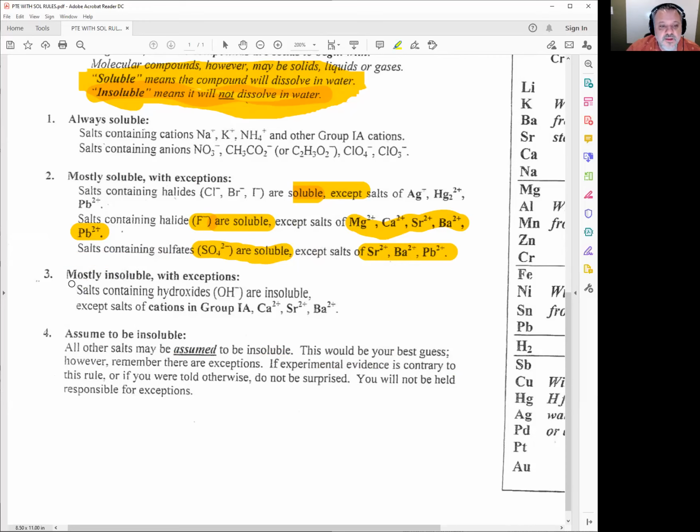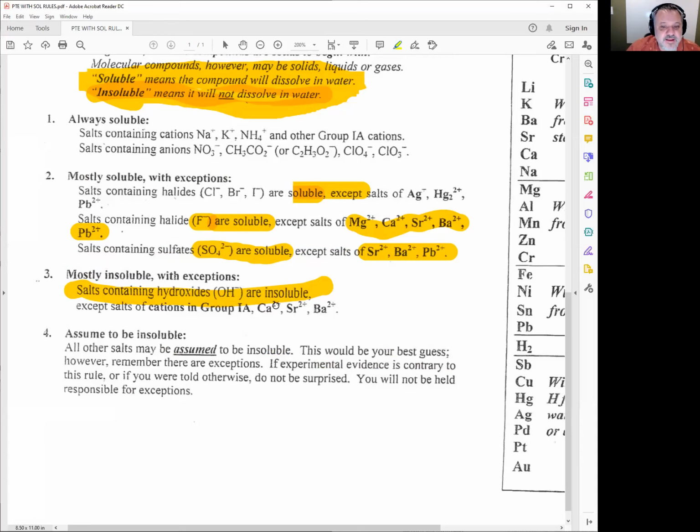All right, so let's take a look at mostly insoluble. Salts containing hydroxides are insoluble, except if it's got a cation that's always soluble. So even though most hydroxides are insoluble, sodium hydroxide is always soluble because of rule number 1. The same thing with potassium hydroxide, always soluble for rule number 1.